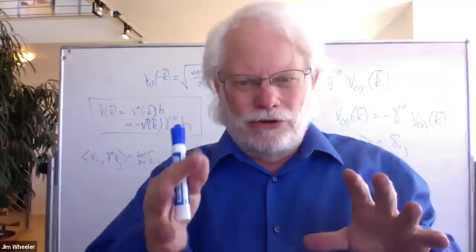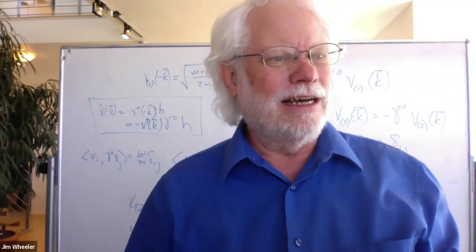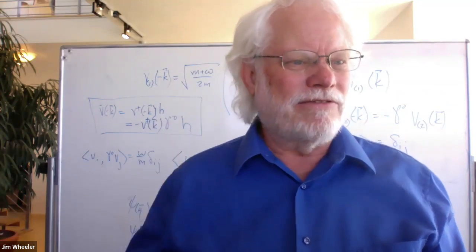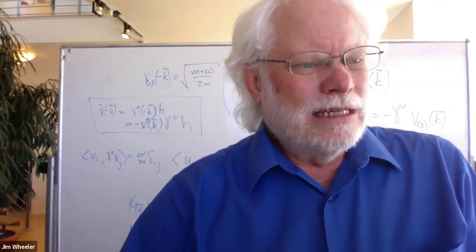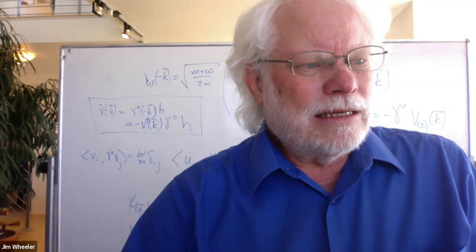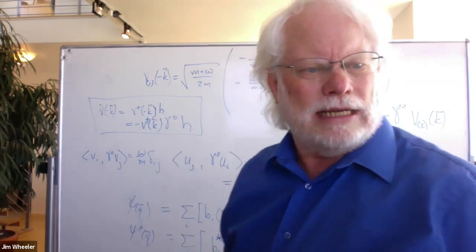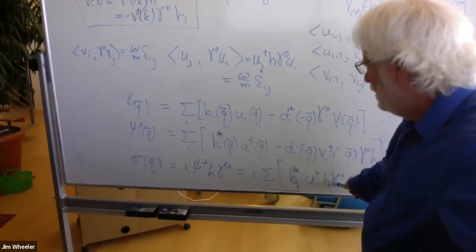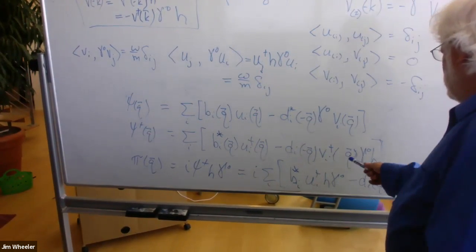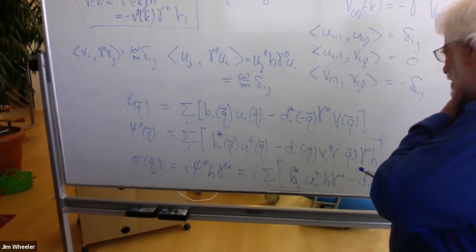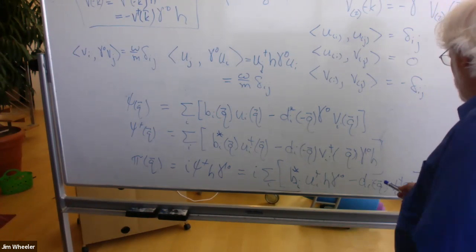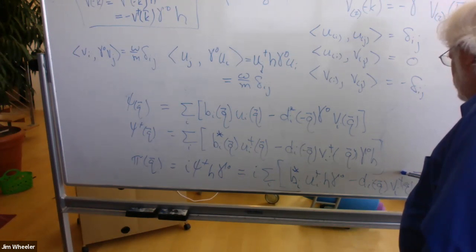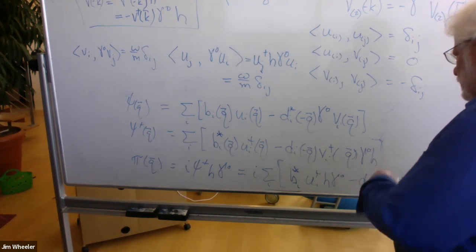A bar means you've got an H on it. Otherwise, you just have psi dagger. So U dagger H gamma 0. So this term's right, but I must have been acting on the barred V. So if this is barred, then we haven't.